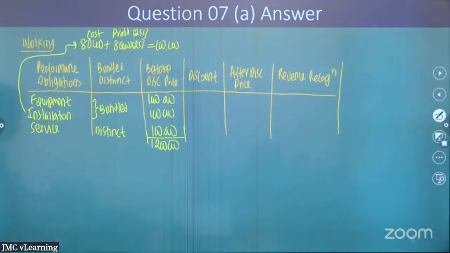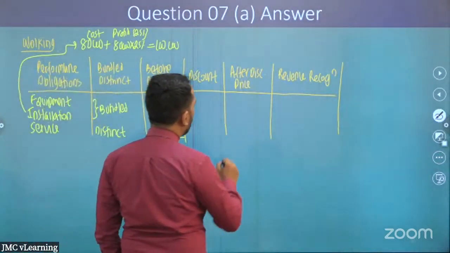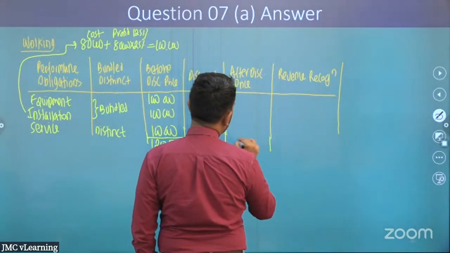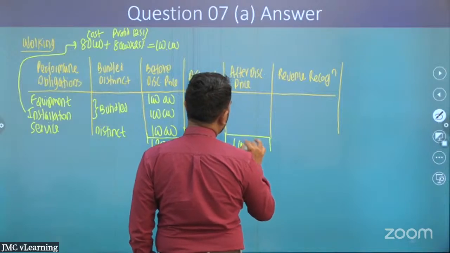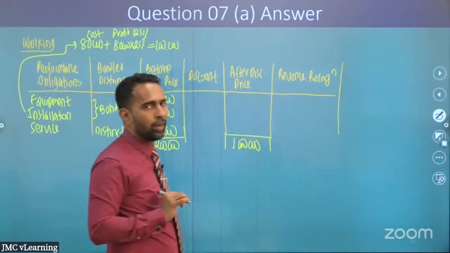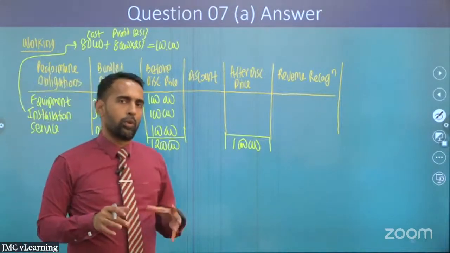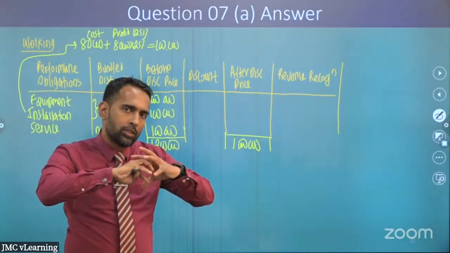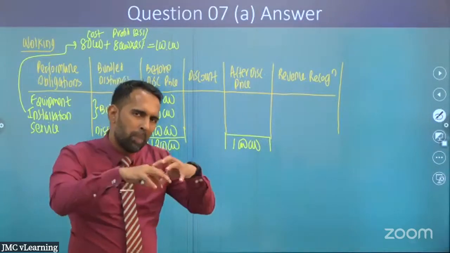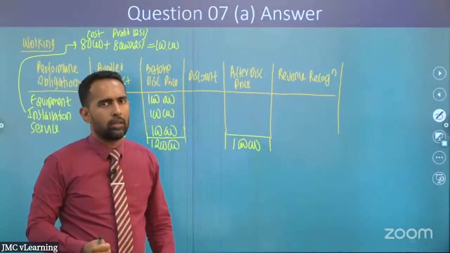If you take these services separately, it will cost you 1.2 million. But if you were to get them together, then they say the entire transaction price is 1 million. Are we clear? Now, if you take the equipment, installation and the service together, the bulk price is 1 million.